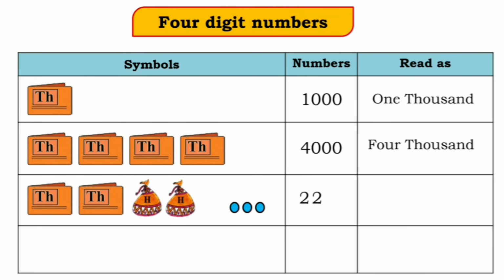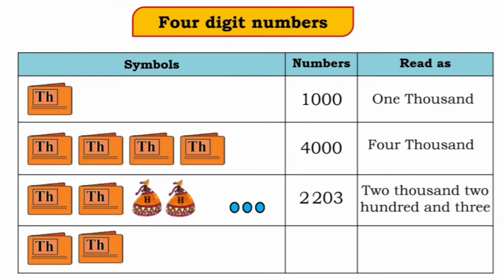No, right? We don't have tens. So we will write 0 in the tens place. Then we have 3 units. So we will write 3 in the units place. Hence, these symbols represent the number 2203 and it is read as 2203.